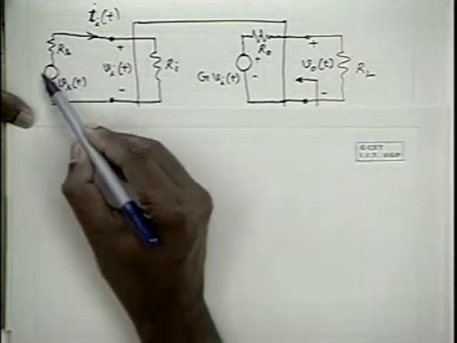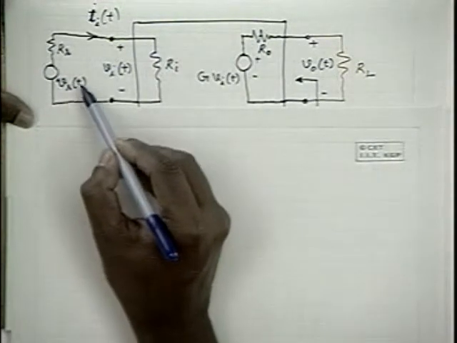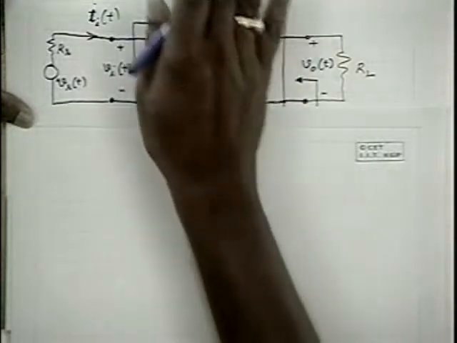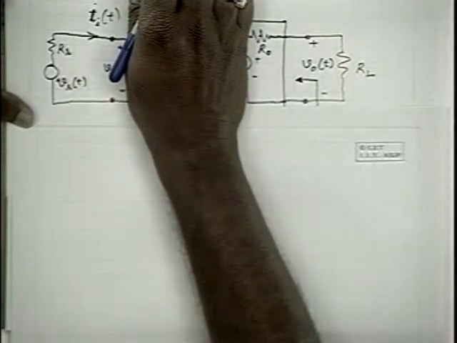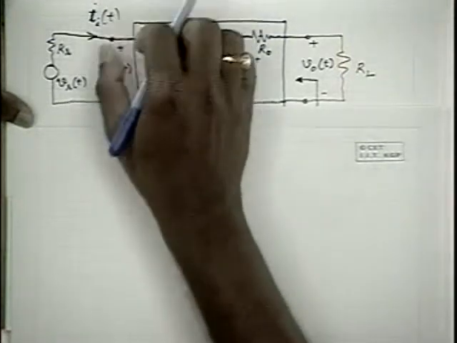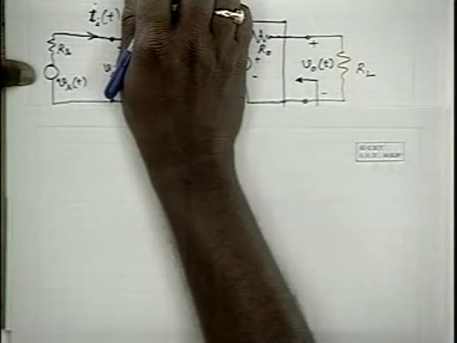Now, if you are interested to express it in terms of VST, what is VST? If I open circuit the source terminals, whatever voltage appears across the terminals, that is the source voltage. When it is not loaded, that is the open circuit voltage of the source.